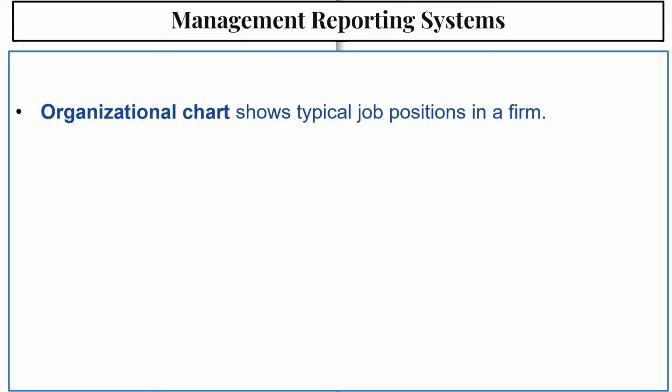The organizational chart shows typical job positions in the organization. So the organizational chart plays an essential role in determining the responsibility and task allocation, and it also shows the flow of information up and down. We'll explain that in a short while.